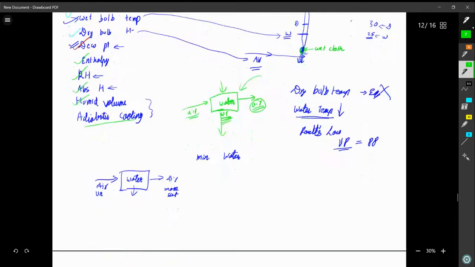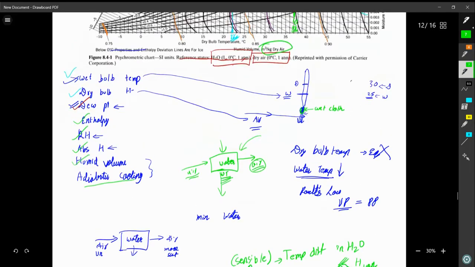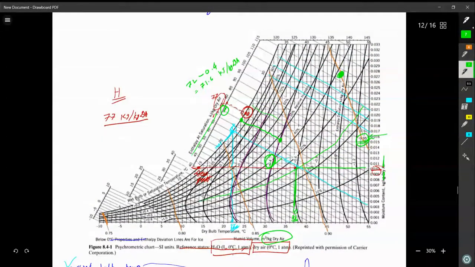So what we say here is that if the temperature difference in water, which is called sensible heat, is small... Sensible heat is the heat required to change the temperature. If the sensible heat required for the temperature difference in water is less than the enthalpy change due to vaporization, then we can say that adiabatic cooling follows exactly the wet bulb lines on the graph.